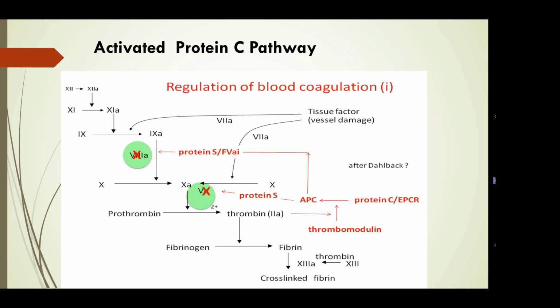Protein S is also produced by hepatocytes. 40% circulates as free protein S and 60% as bound and inactivated by the complement system. But free protein S binds and stabilizes activated protein C, which is now bound to the endothelial protein C receptor.